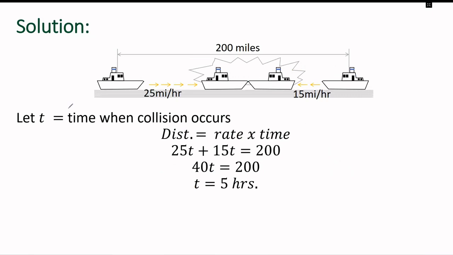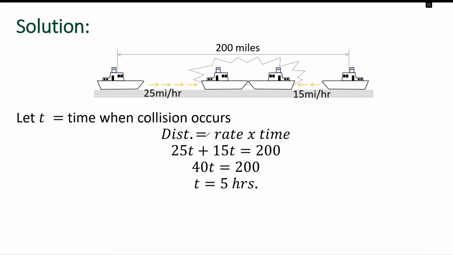We will assign the variable t as the time when the collision occurs. This is our clue: distance is equal to rate times time. The distance is the total of the two boats, which have different speeds.